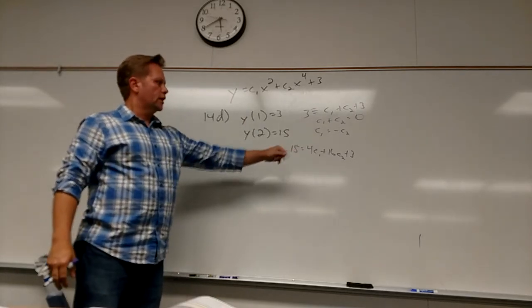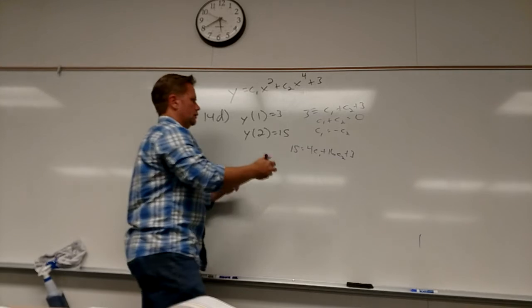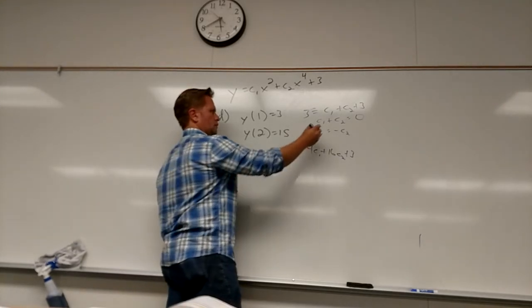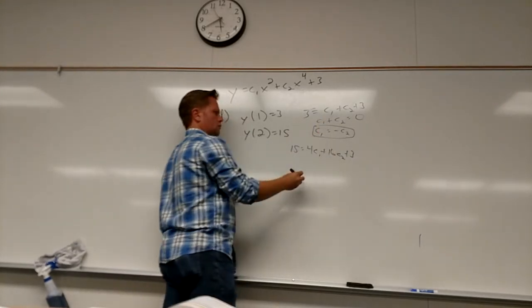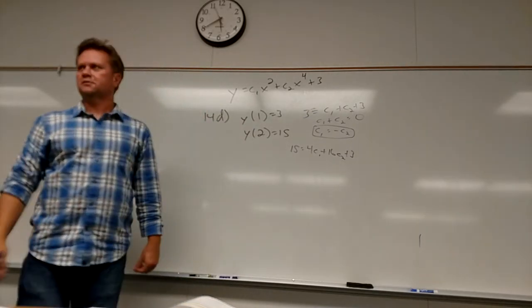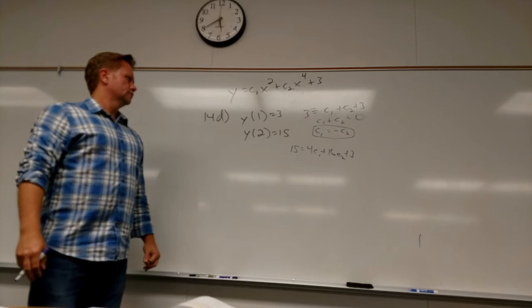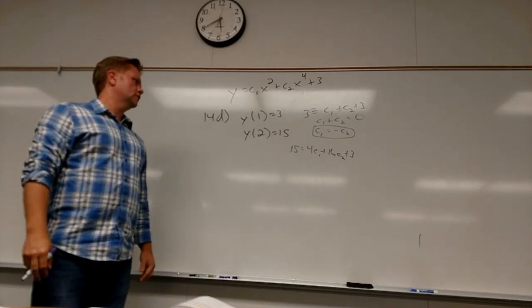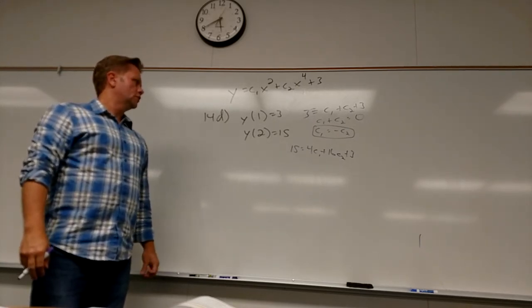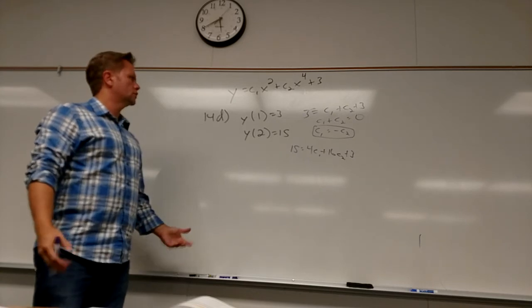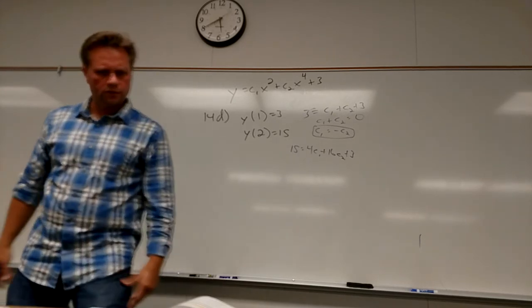Okay. When you try to plug that in, let's see, does something weird happen? So I know this to be true. I don't know if I want to do any more for you. I mean, that's almost done. Does something weird happen? Negative C2, you get 12C2 equals 12. You get C2 is 1. C1 is negative 1. Something weird?